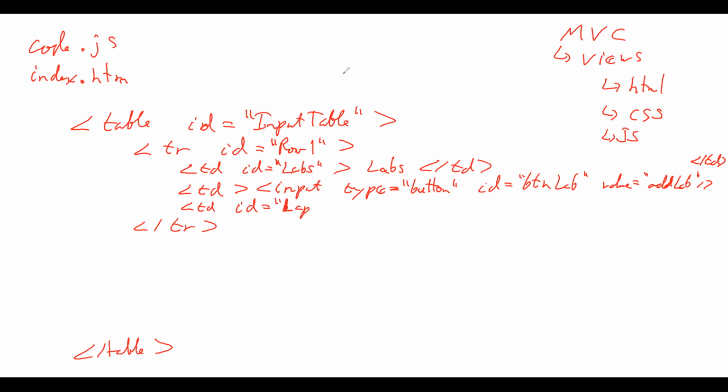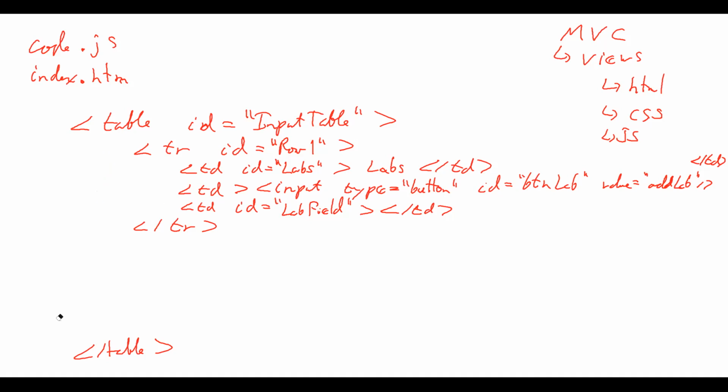So you could call it lab field, right? And so now you have this table row, and this is where you're going to store all of your labs. So all of your labs are going to be stored here. So whenever you press the button, you're going to want to do something to lab field, for instance. Okay? So that's one approach.